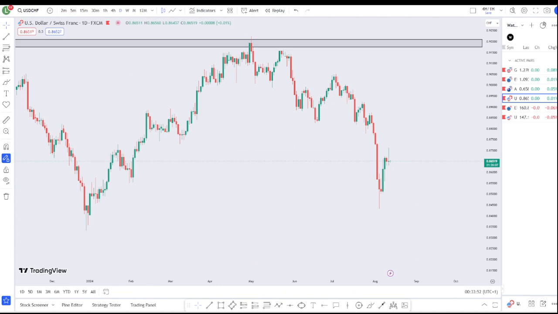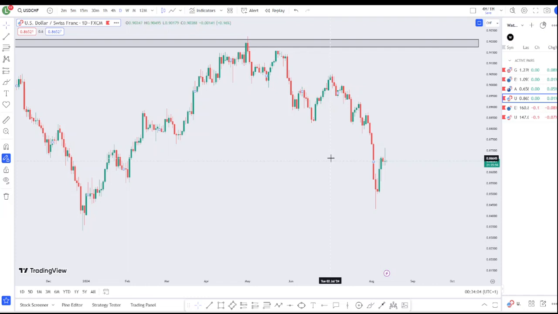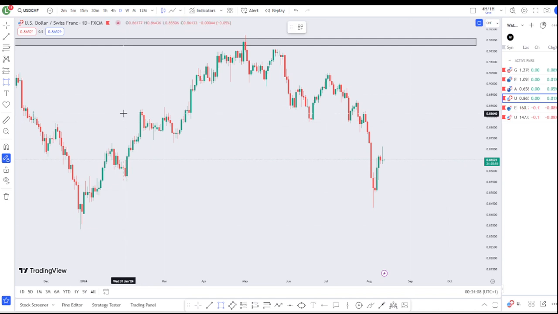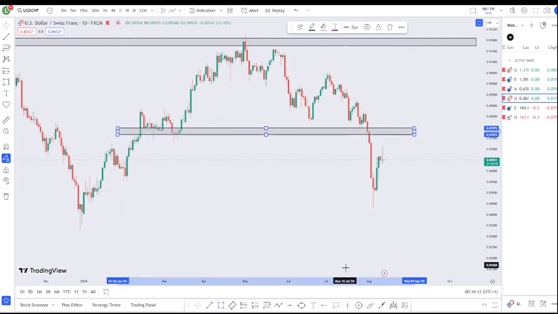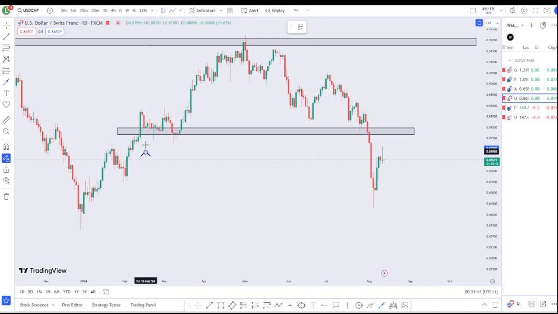Looking at the price action formation on the daily time frame of USDCHF, you agree with me that the price has been selling for a very long time. And looking at this key level zone formation here, price reacted multiple times around this zone.